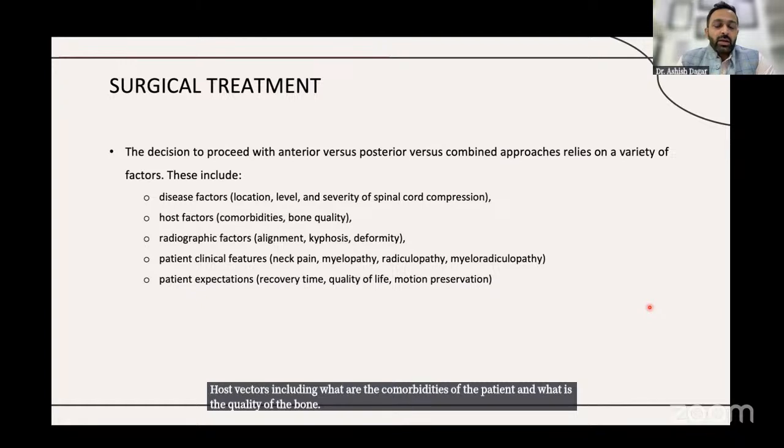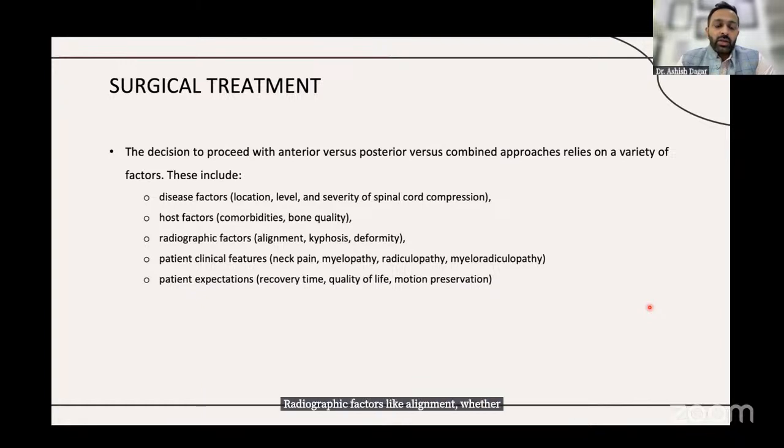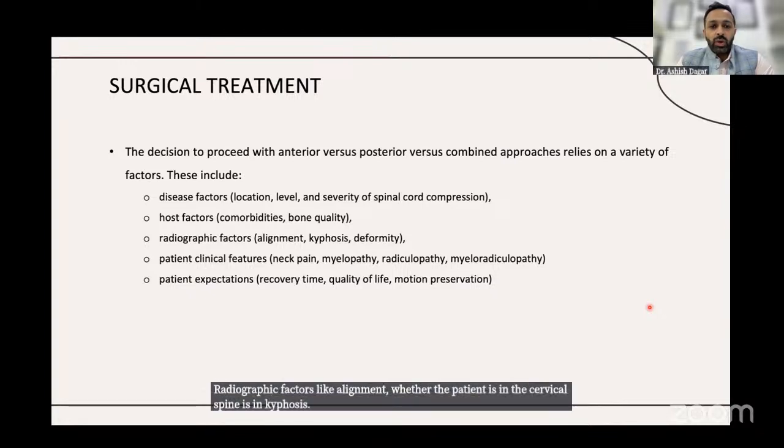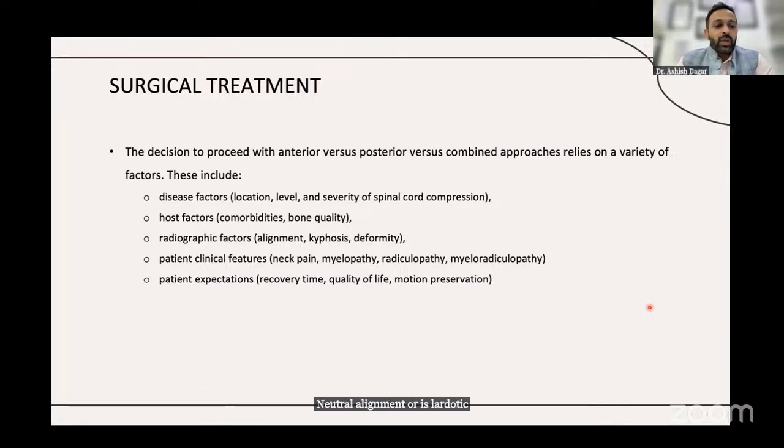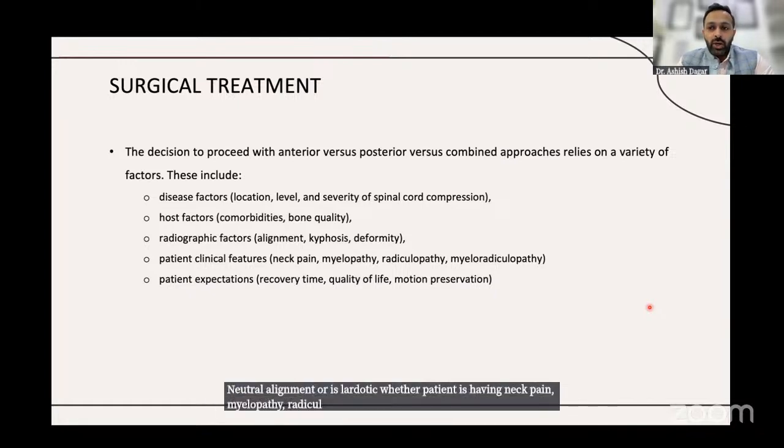Radiographic factors like alignment, whether the cervical spine is in kyphosis, neutral alignment, or lordotic. Whether the patient has neck pain, myelopathy, radiculopathy, or myeloradiculopathy, all these factors need to be considered. And what the patient's expectations are and what quality of life the patient demands.